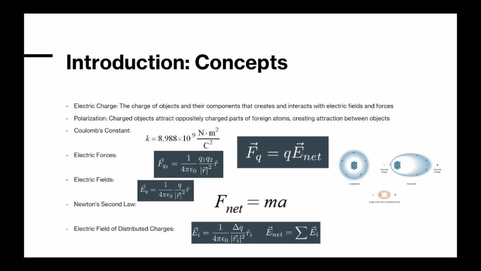Electric forces, which are the actual forces that the pieces of tape are exerting on each other to cause the tape to either go up or go down, to counteract the force of gravity, things like that. Electric fields were a major concept that goes into electric forces. And we had Newton's second law, which is force equals mass times acceleration. That's used to help calculate force of gravity, F equals mg.